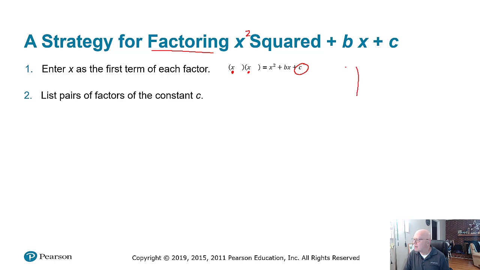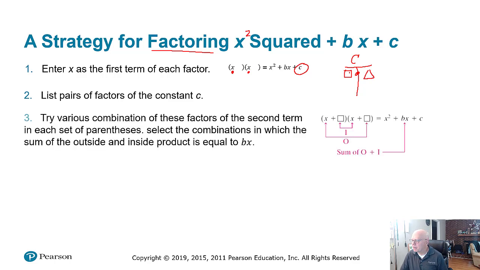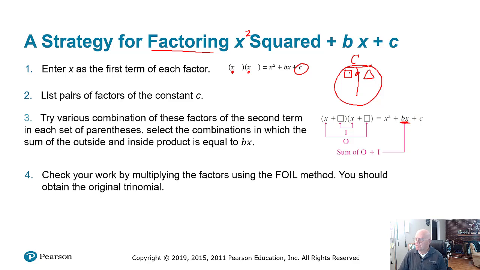How many ways can you write c as the product of two terms, or the same two terms? Next, check these combinations to see which one ends up giving you the bx, the term in the middle. We're going to use an example, don't worry.